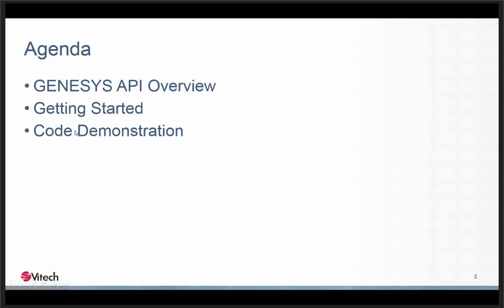One quick caveat in terms of the code demonstration, and that is I'm not going to be getting into a whole lot of detailed programming instruction. We're actually going to run through the code pretty quick, with the idea being, again, getting a more conceptual overview of the API. I know there may be some developer folks out there, some folks that don't write software, and I don't want to muck things up with detailed programming instruction.